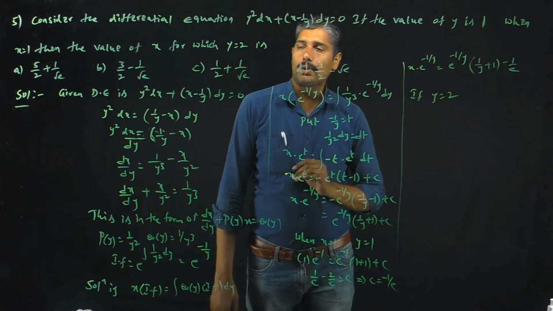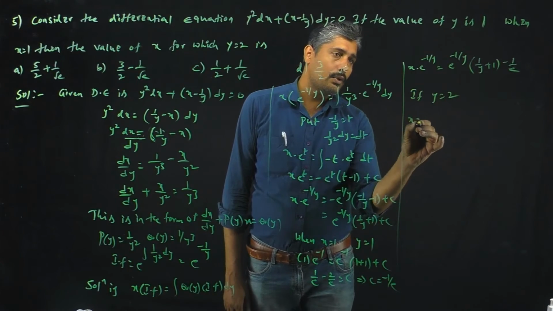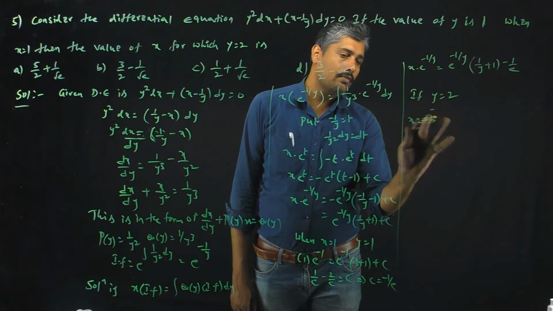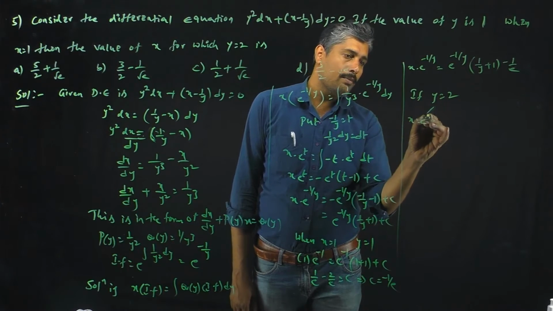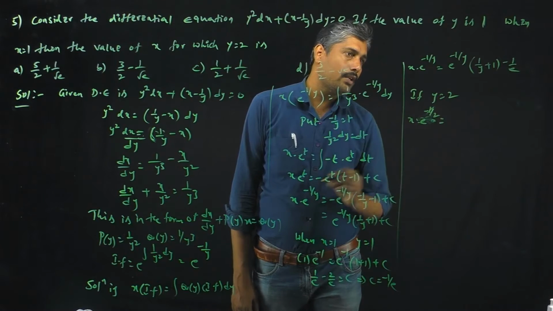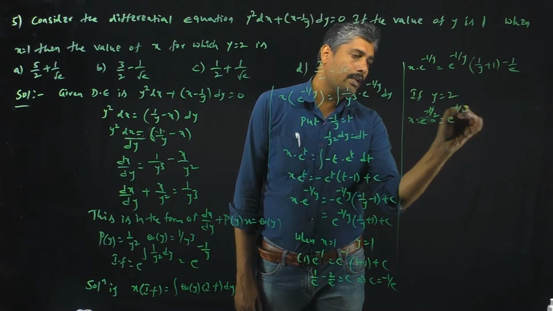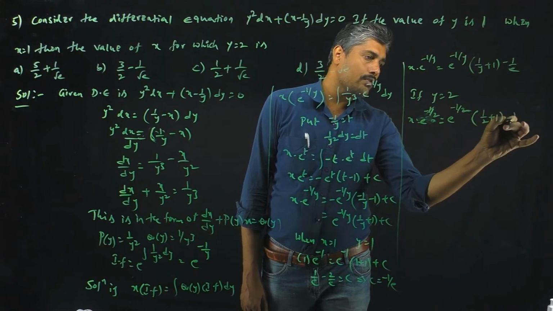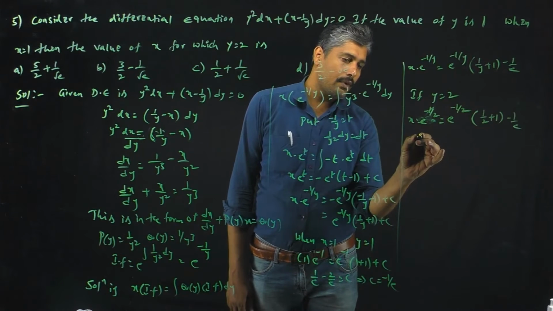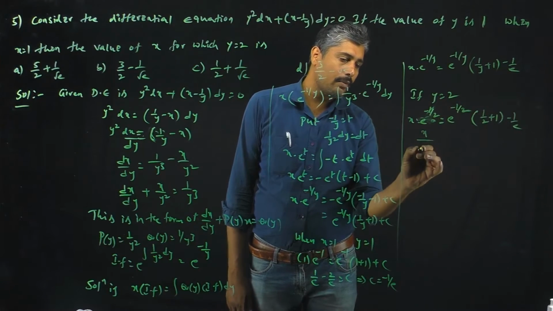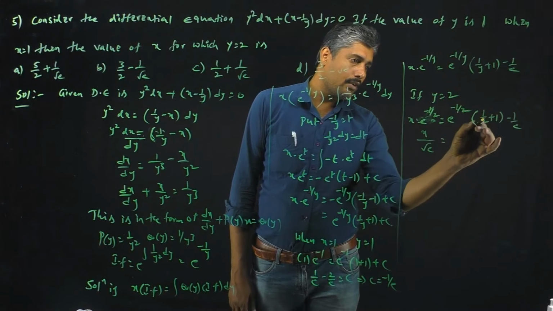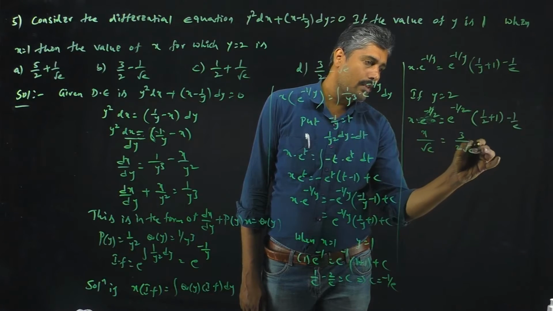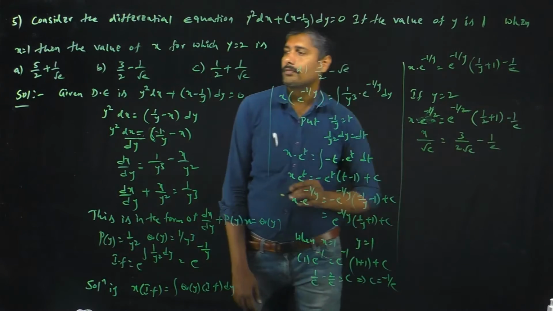Y equal to 2. Therefore x into e power minus 1 by 2 equal to e power minus 1 by 2 into 1 by 2 plus 1, minus 1 by e. Therefore x by e power 1 by 2, that is root e, equal to 3 by 2 root e minus 1 by e.